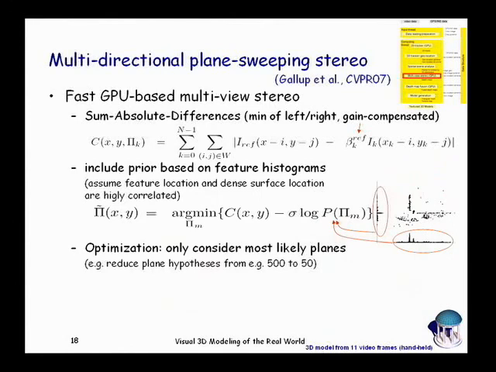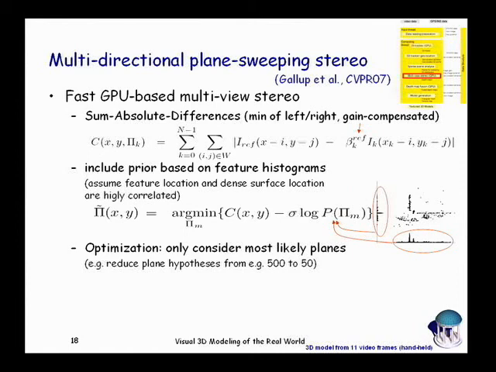OK. So basically, going back to the stereo algorithm, what we do now is, again, the same thing: sum of absolute differences, left, right, and gain compensated. We can also now include priors, because we have now looked at the structure of the scene.